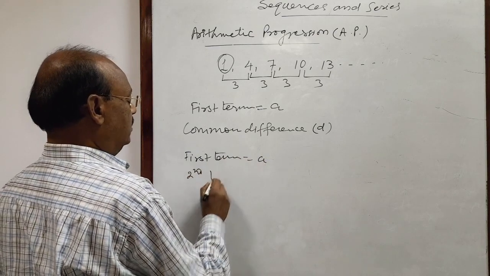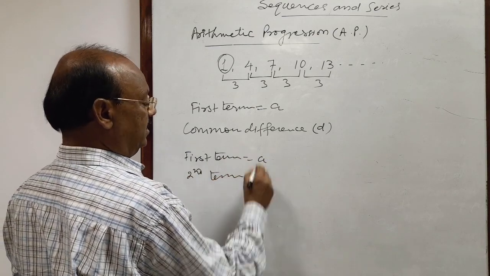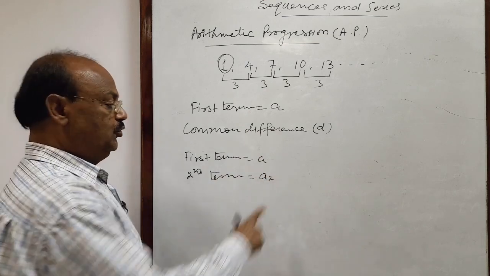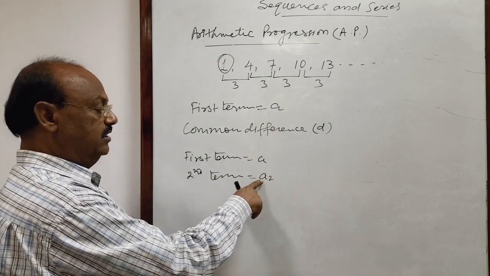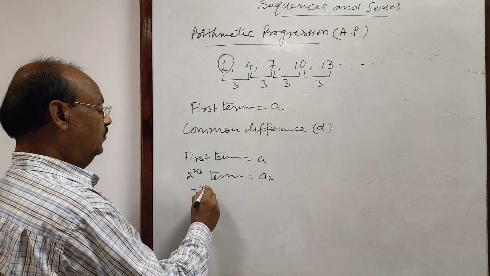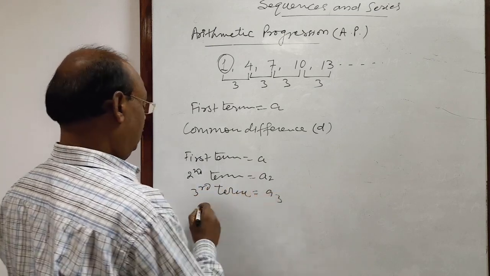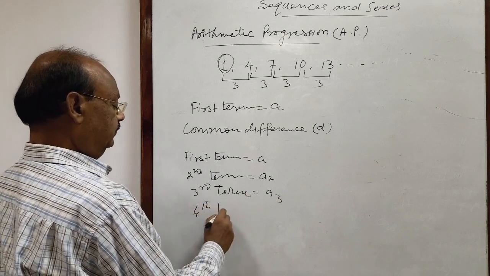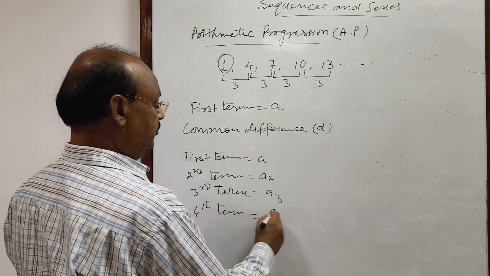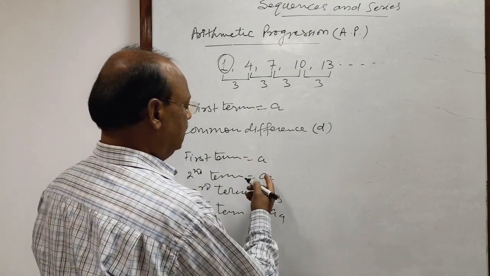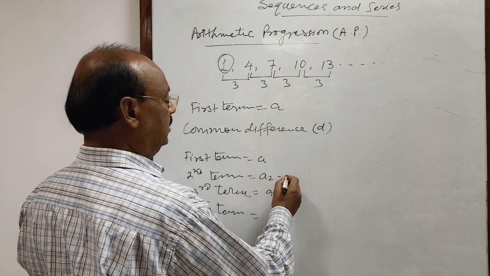Similarly, the second term of this arithmetic progression is denoted by a2. 2 stands for the second term. Similarly the third term will be denoted by a3, the fourth term by a4 and so on. Correct? Sometimes these terms are denoted by T also.